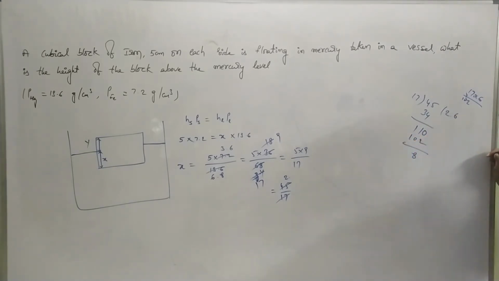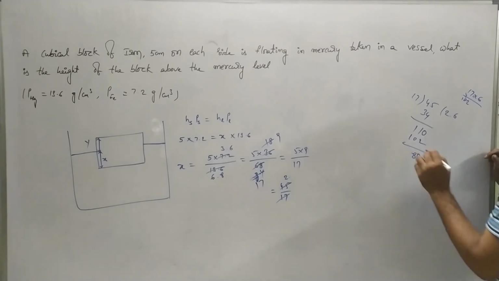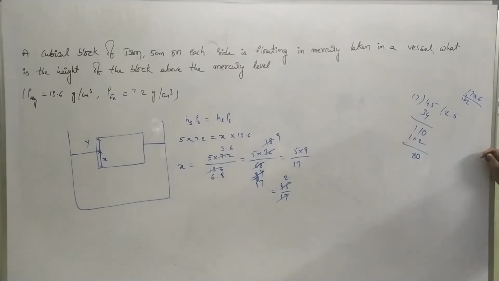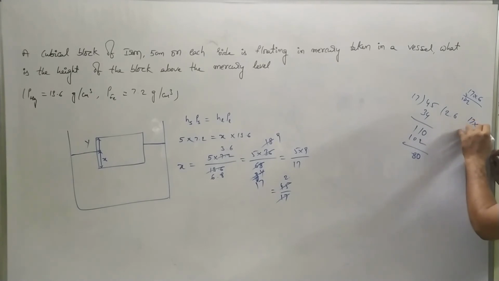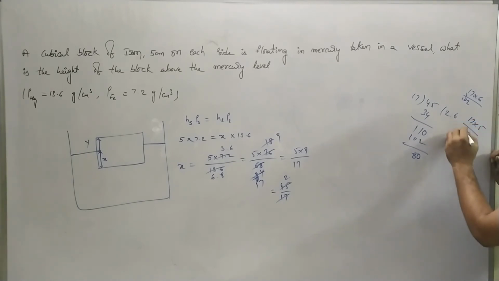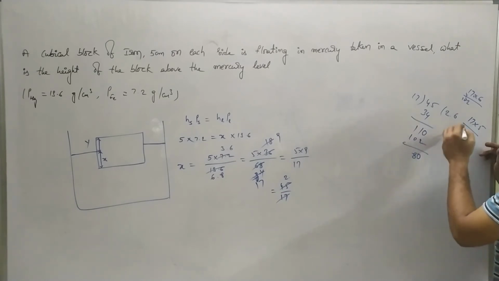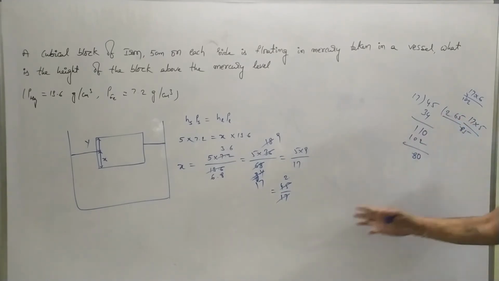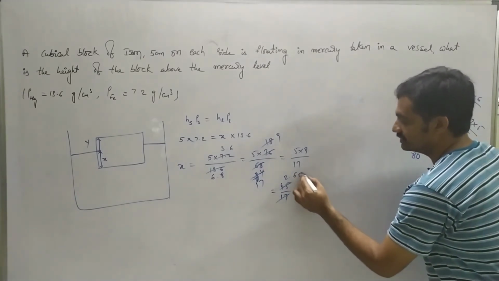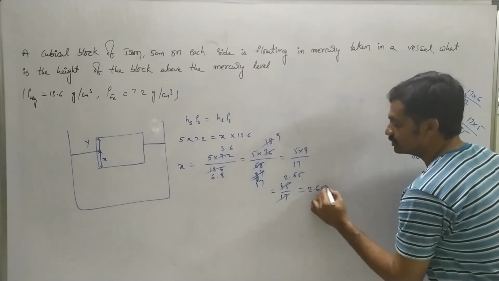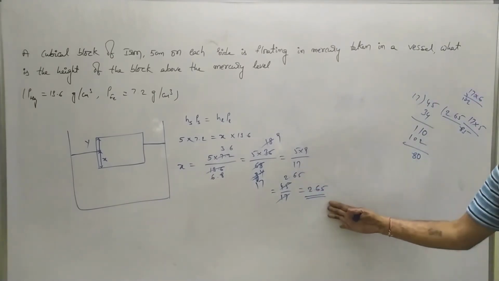So here again we will get an 8 as we place a 0. 17 fives are 5 sevens are 35, 5 ones are 5, 5 plus 3 is 8. Approximately here we will get 2.65. So the expression can be represented as 2.65, an approximate value.